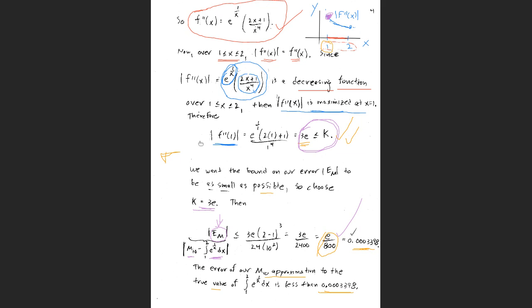So it's about 3/10,000ths roughly, the bound on the error. So we can be assured that our approximation is accurate to the true value of this integral to about 3/10,000ths.